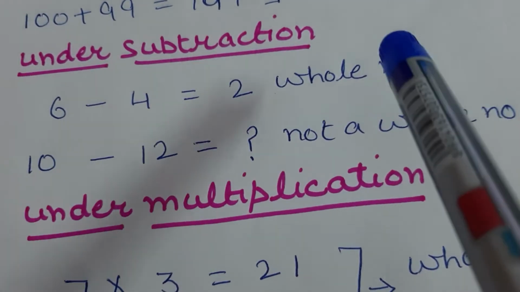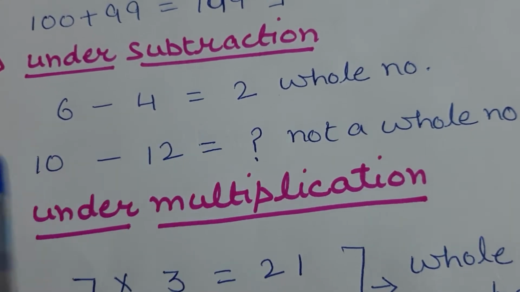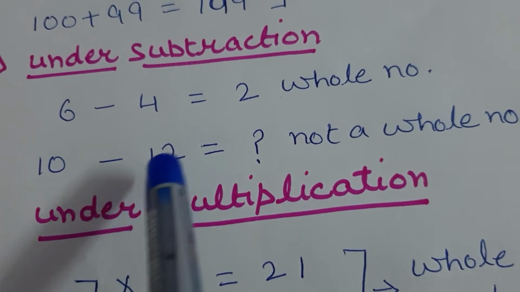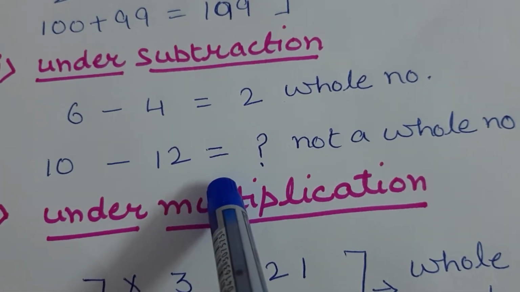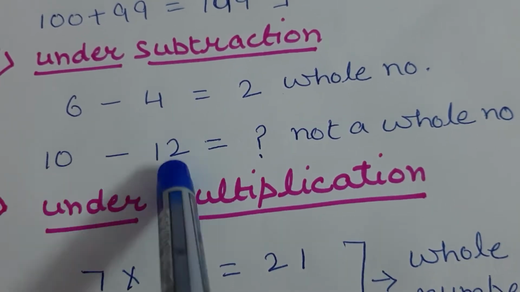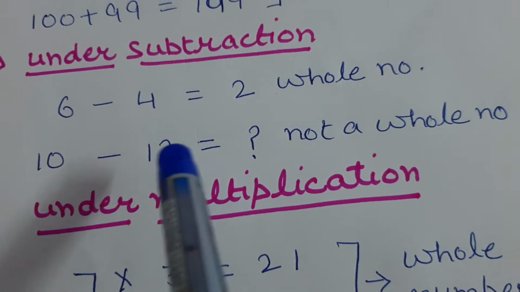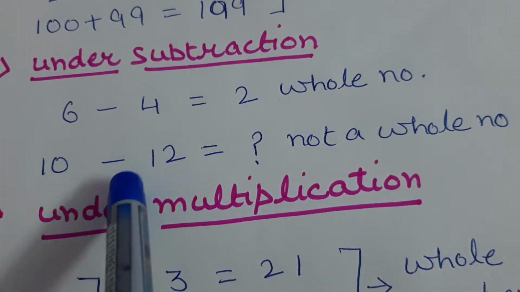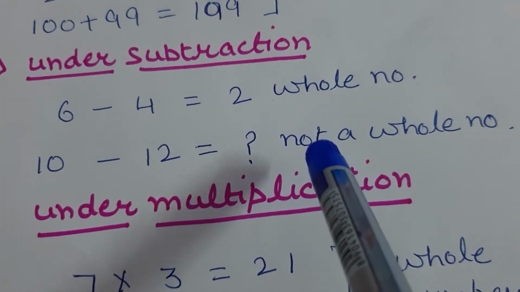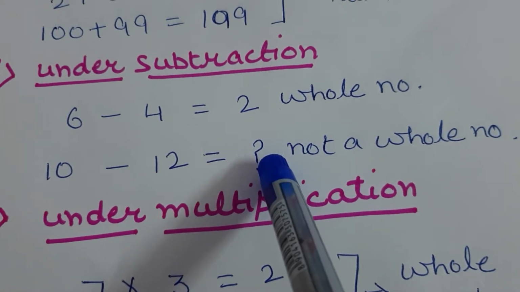But if I take 10 and 12 as whole numbers and I subtract, 10 minus 12 is not possible for you; you will do that in later topics. Till then, the answer to 10 minus 12 is not possible for you. So it is not a whole number.